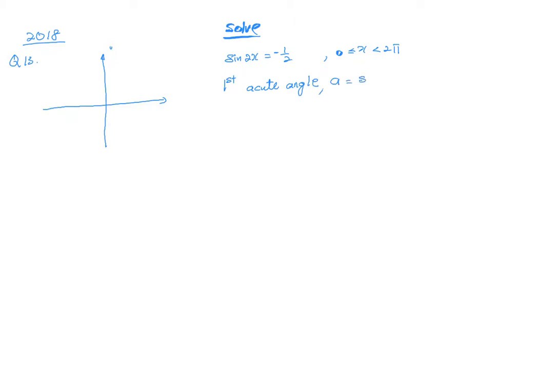You just put sin inverse half. Are you clear? Then everything is in radian, please, when you talk about trigo. If you have the table for trigo, that will be much better. So sin inverse half is pi by 6.